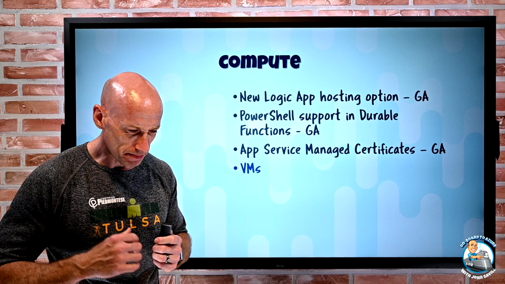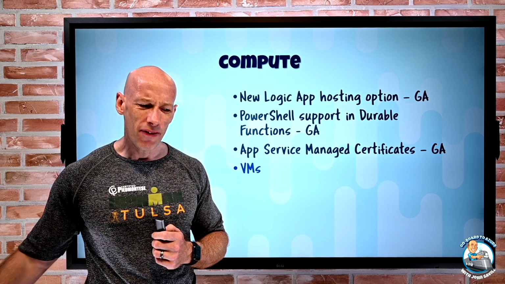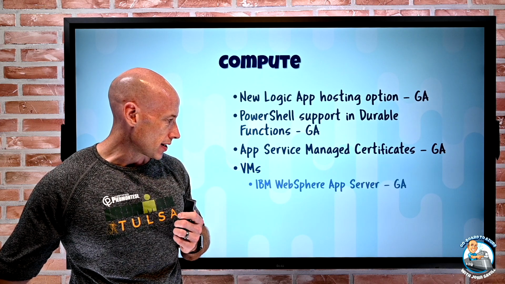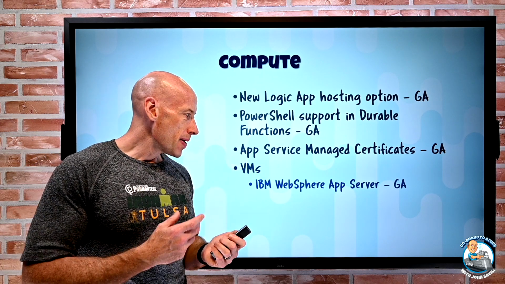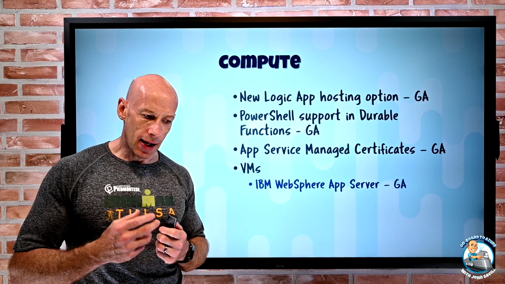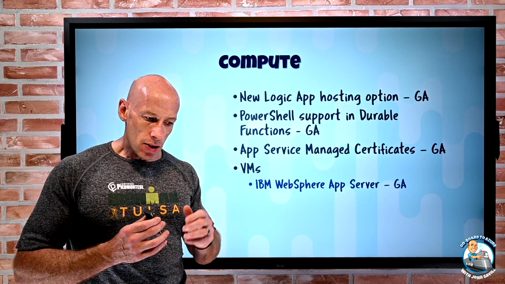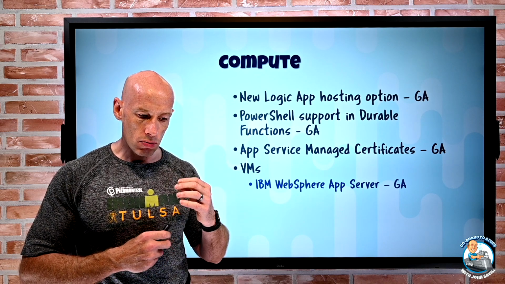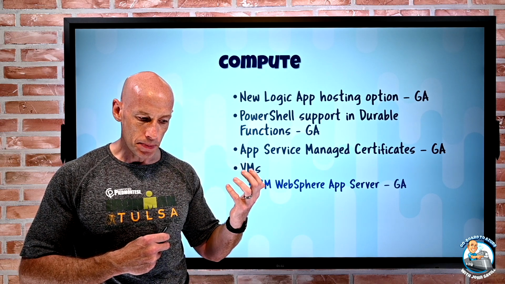For virtual machines, not really VM features, but there were a couple of announcements around things that really use virtual machines. So the first was the IBM WebSphere app server has gone GA. So this really lets me now migrate web server workloads to Azure virtual machines.